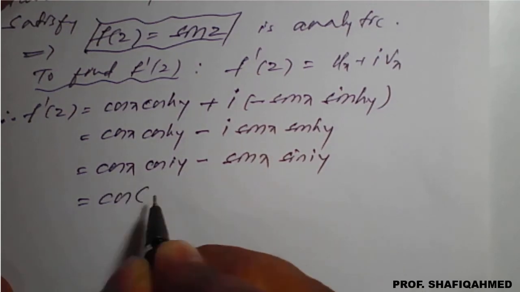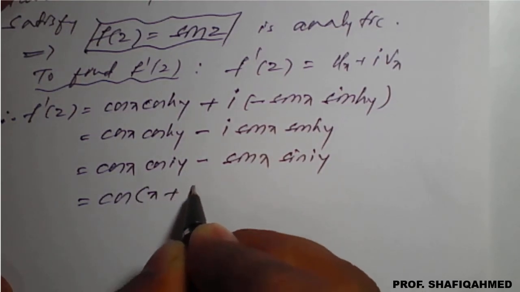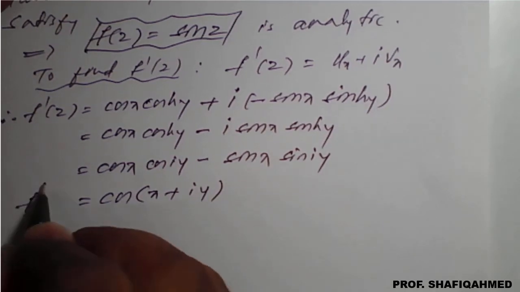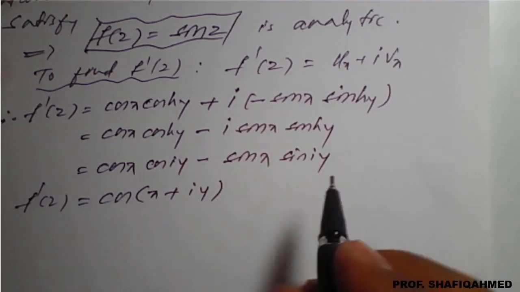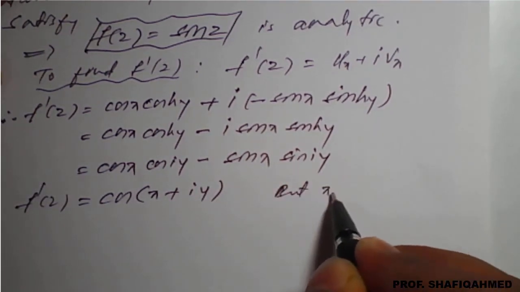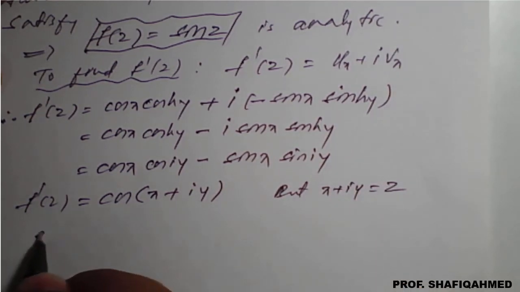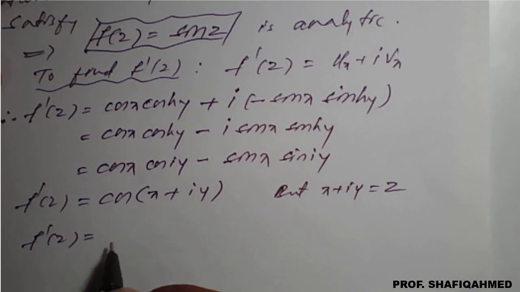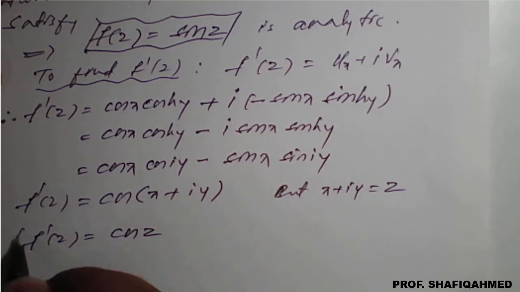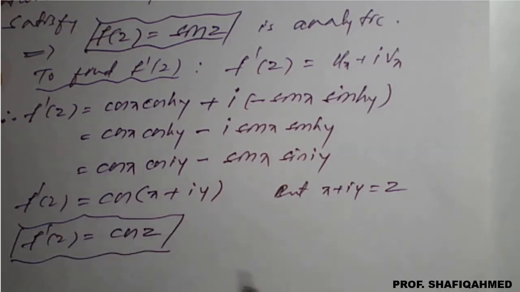Therefore it is cos of x plus Iy. But x plus Iy is nothing but the complex number z. So therefore f dash of z is equal to cos of z. So this is the required derivative of the given analytic function f of z.